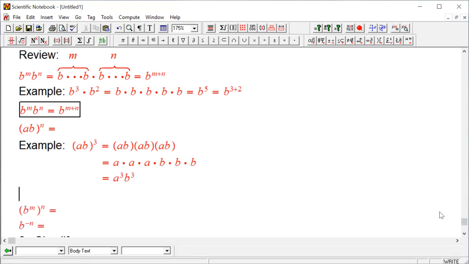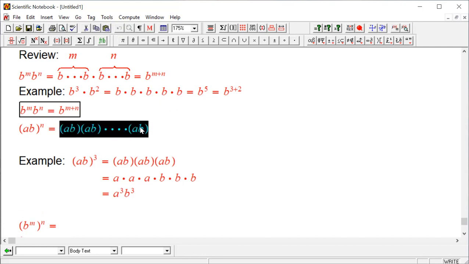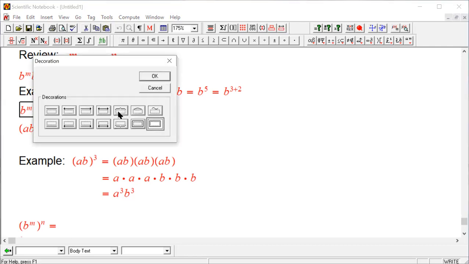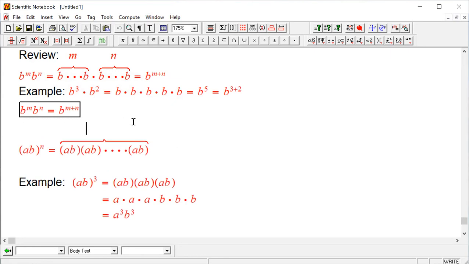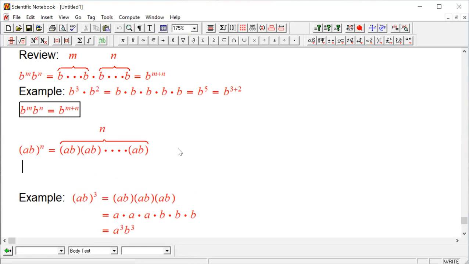So from this example, can we figure out A times B to the power of n? Of course. This just means that you multiply A times B how many times? n times. So with that, we just regroup the A's.